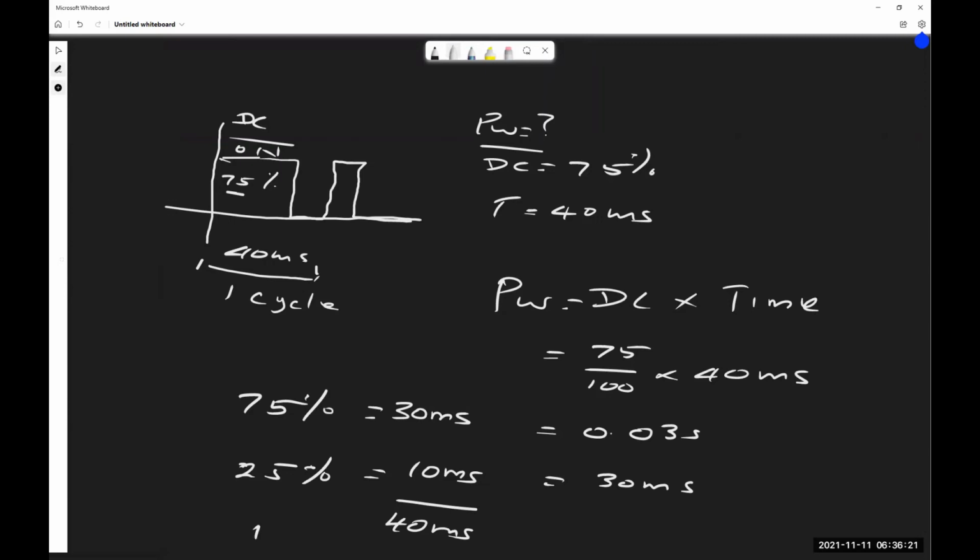That's called one cycle. But we don't really consider this, right? The only thing that we need is the duty cycle, which is the 75%. So this is how you would find out the pulse width if you are given the other facts like the duty cycle and the time.